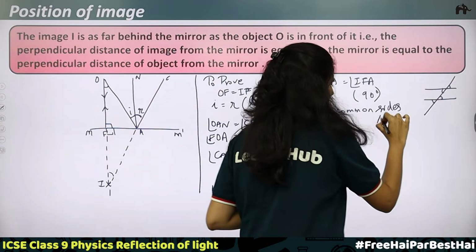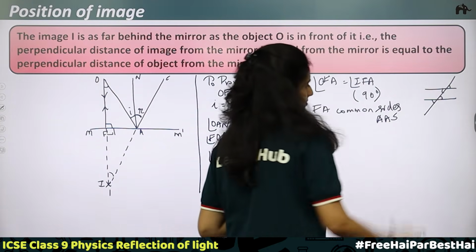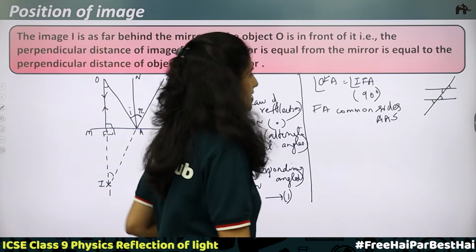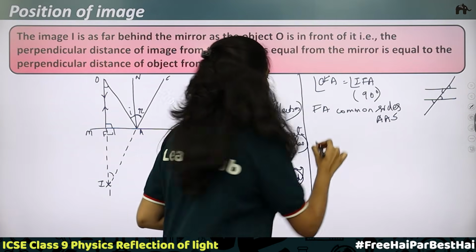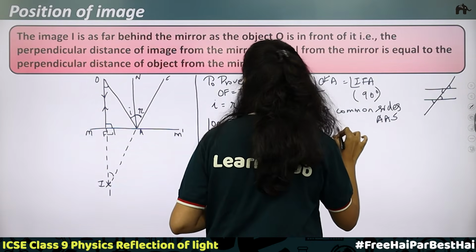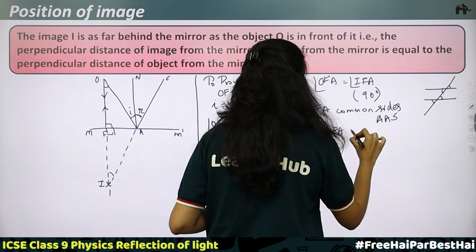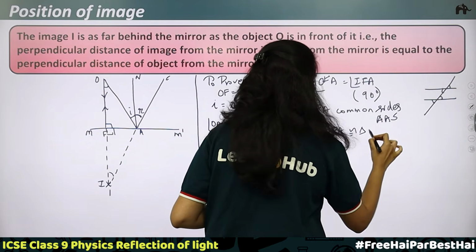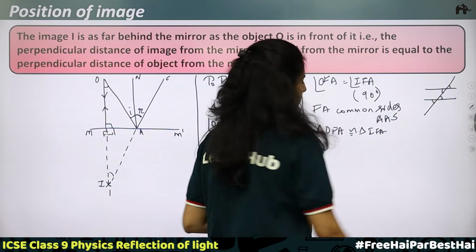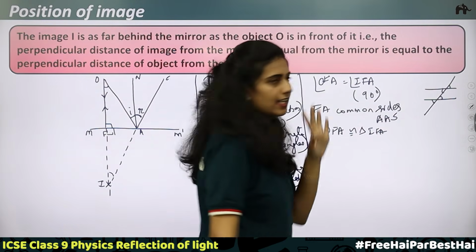By the angle-angle-side congruence rule, AAS congruence rule, you can say that triangle OFA is congruent to triangle IFA. The congruency rule is AAS.